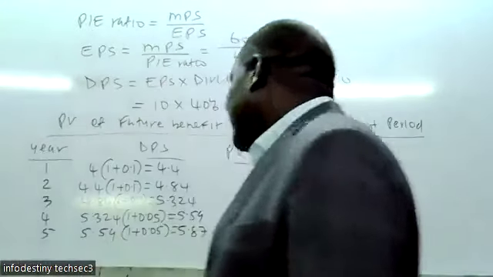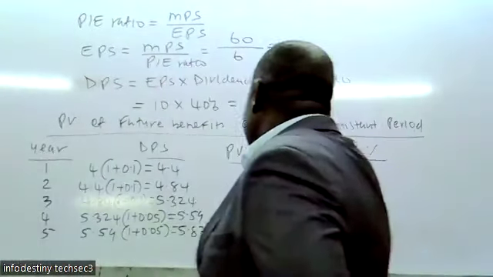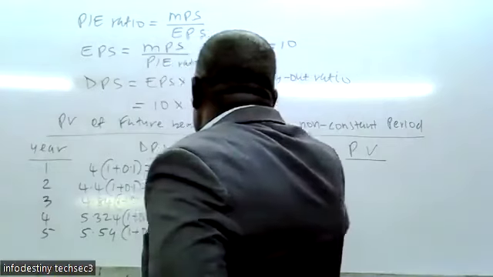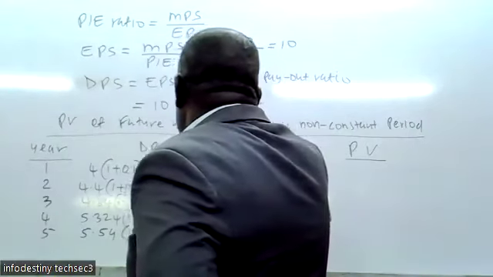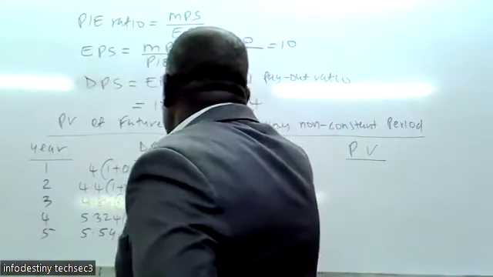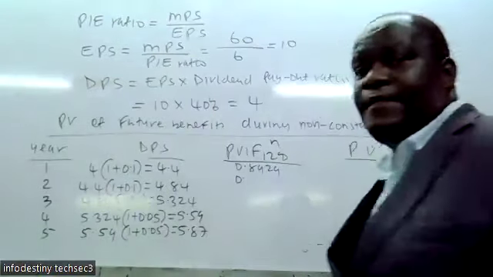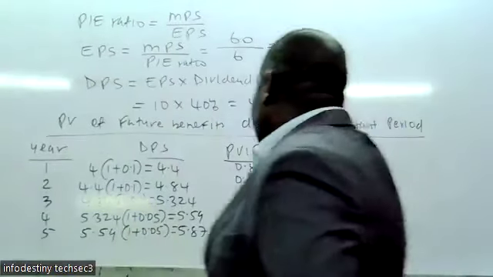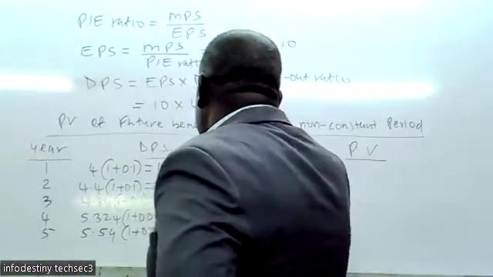So 12% in year 1 is the same as 0.892. Year 2 is 0.7972.